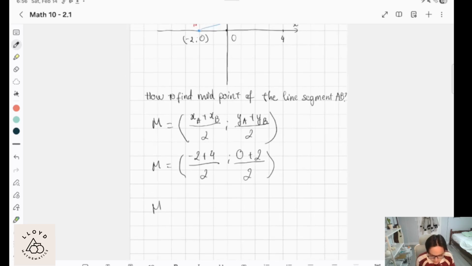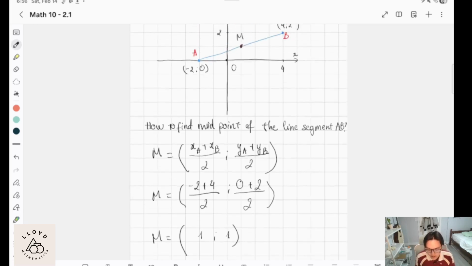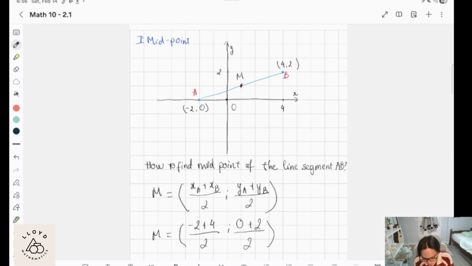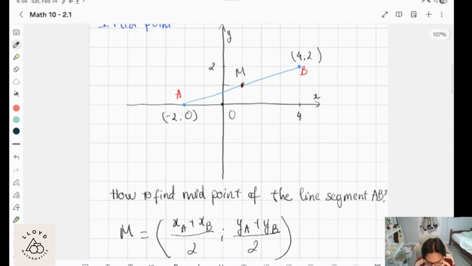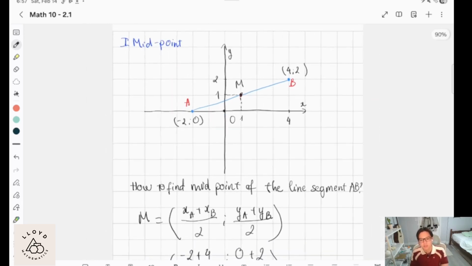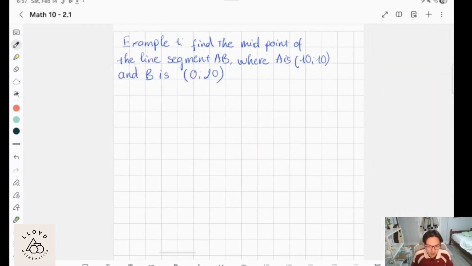Therefore M here we got is -2 plus 4 divided by 2 is 1, and here is also 1. So the coordinates of M are 1 and 1, which we can also easily see on here, right? So let's try this example.